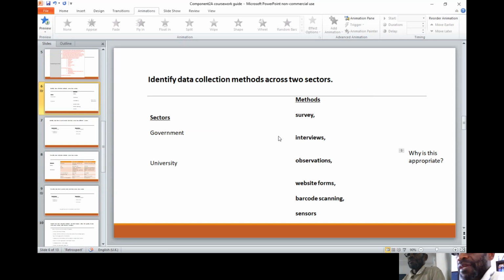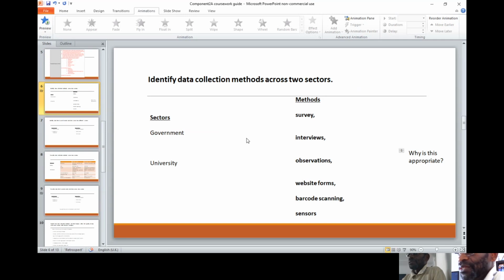Here we have the survey, interview, observation, website forms, barcode scanning, and census. Which of these do you think the government sector will find appropriate to use to collect information? Which of these would the university find appropriate to use to collect information?